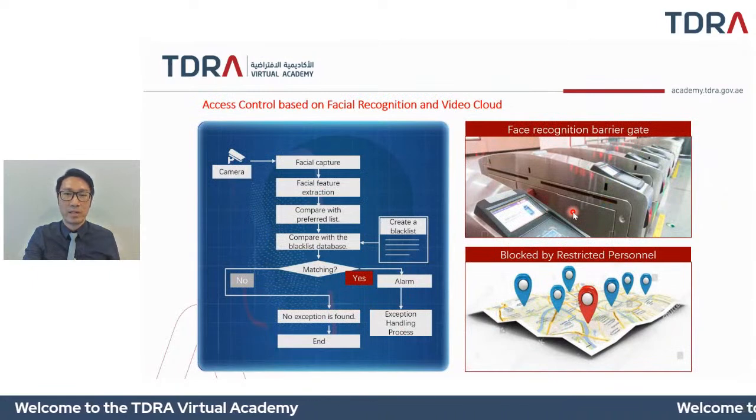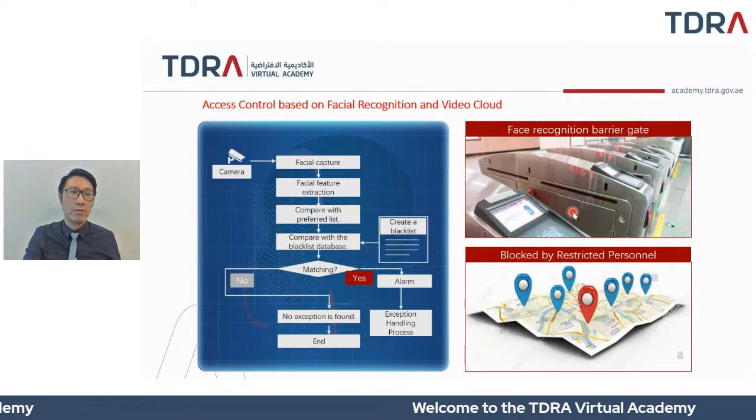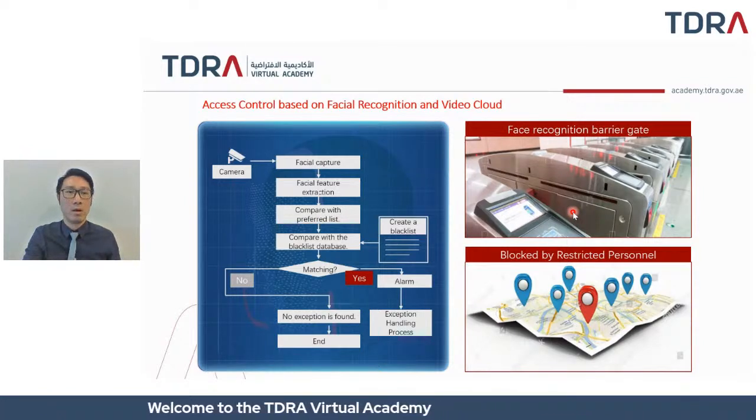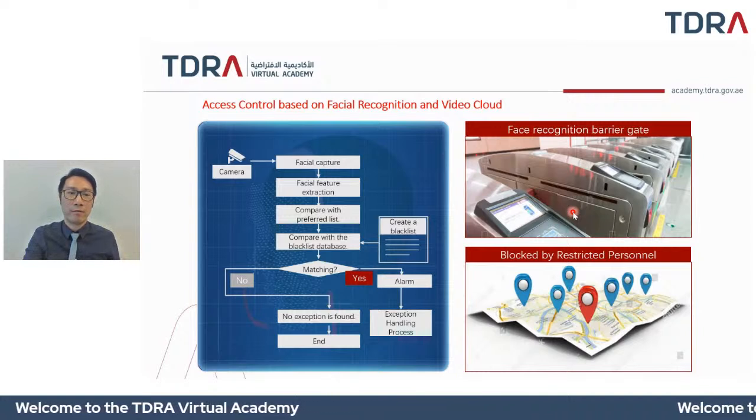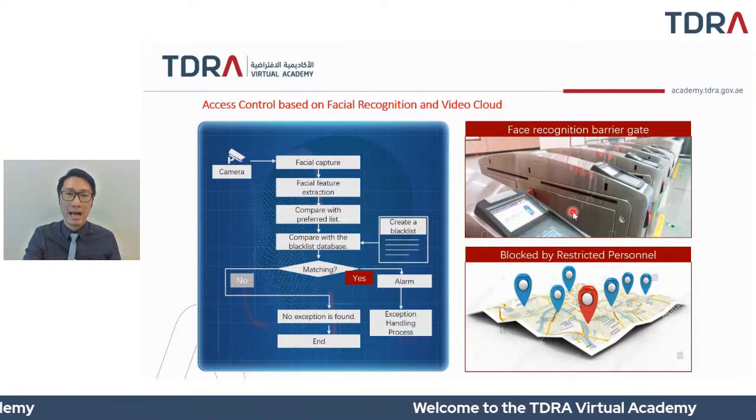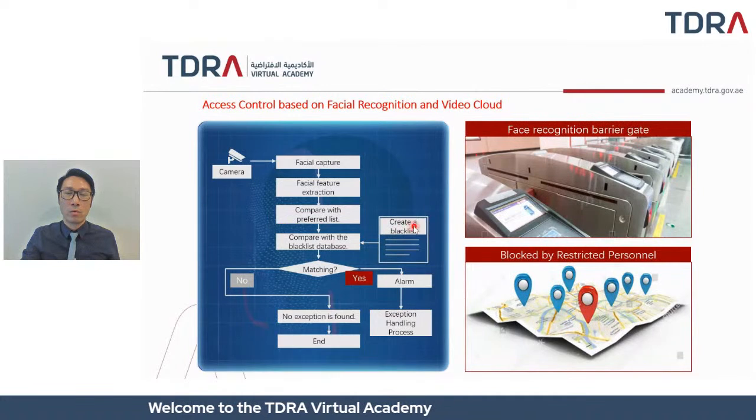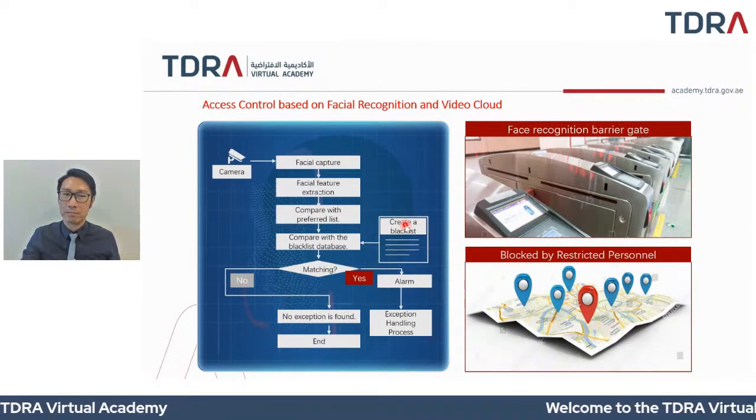And the second application is about the barrier gate. So if we want to go to the campus or the office, we can use our face as the punch card or the entrance. And from here, we can actually create a blacklist. So who is not allowed to enter the campus?